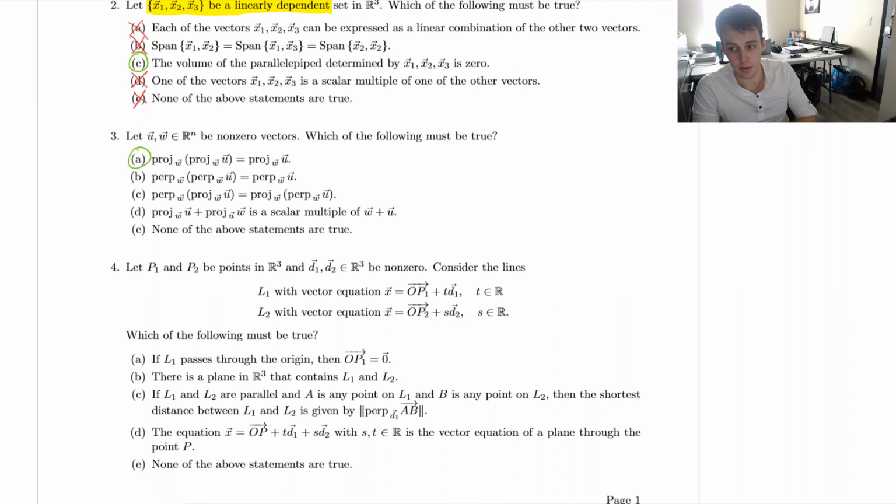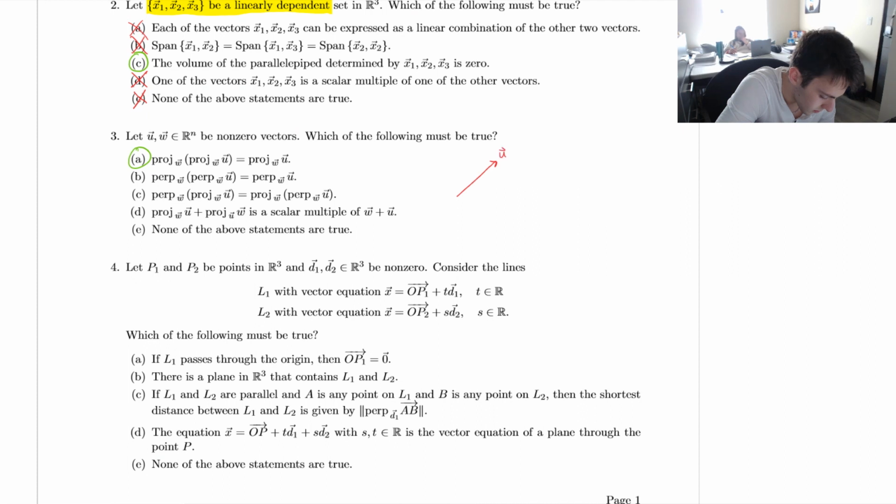So let's think of this one geometrically, because that looks like it would be really messy if we tried doing it algebraically. So let's just take some U and some W. This is U. That'll be W. So the perp of U on W, first let's find that.